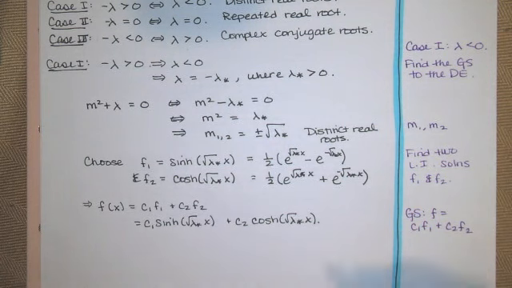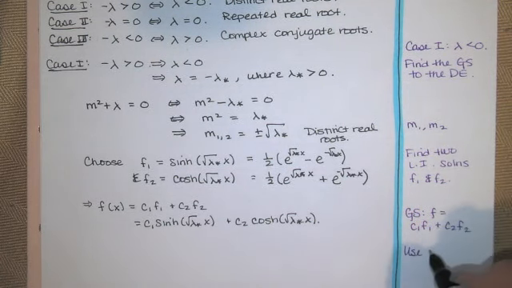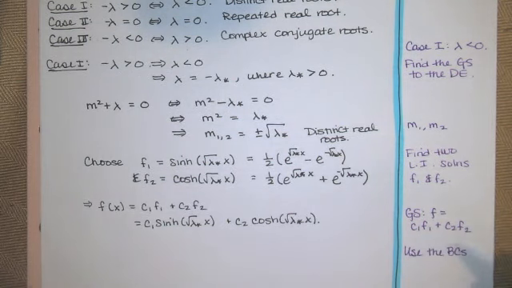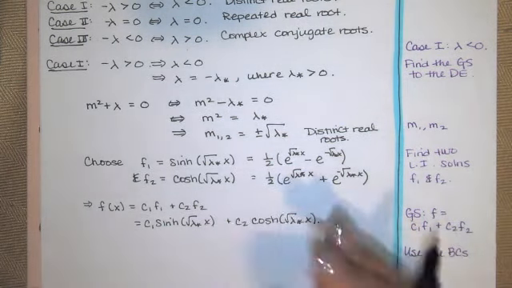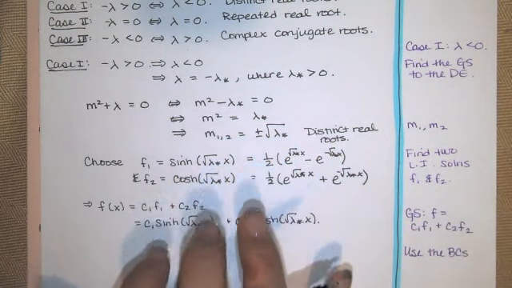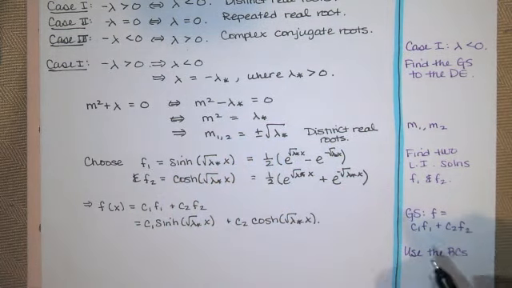Now from here, we're going to use our boundary conditions to solve for C1 and C2 to find members of this family of solutions that solve the boundary value problem.